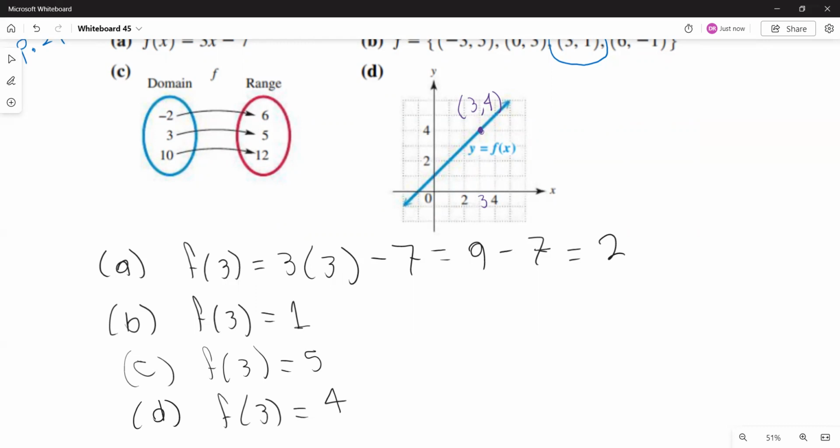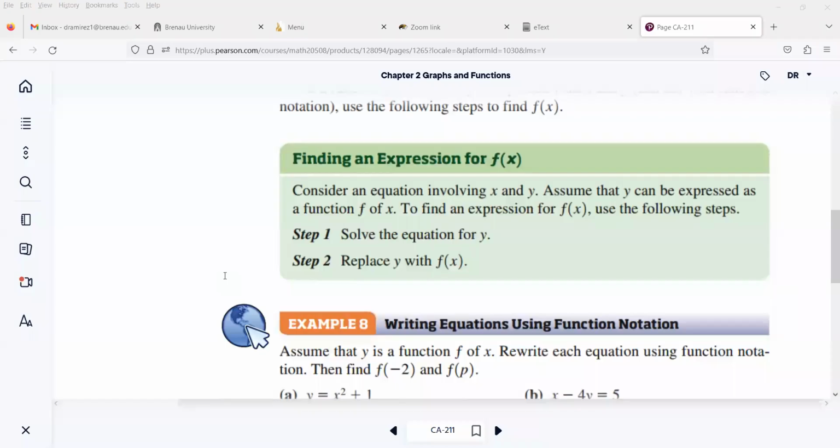So sometimes an equation is going to be a function, but it's not going to be given as f of x equals something depending entirely on x, or y as something depending entirely on x. So I'm just going to read this part. I'm not going to copy it. Let's suppose that an equation involves x and y.